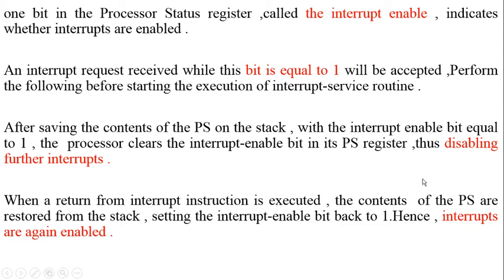After completing the interrupt service routine, the processor restores the processor status register information from the stack and sets the interrupt enable bit back to 1. Hence, interrupt enable bit equal to 1 means the interrupt service is again enabled by the processor.